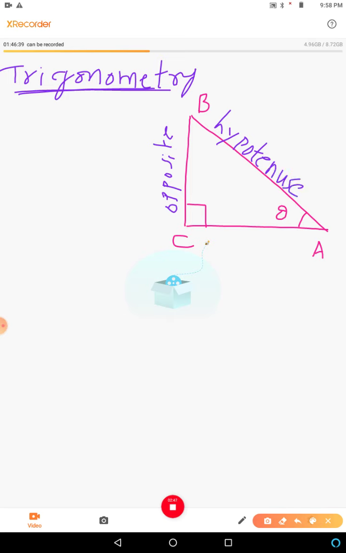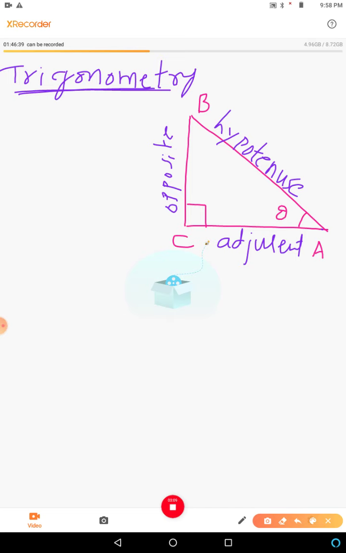The side opposite to the right angle is AB, and that AB side is called the hypotenuse. The side which is with that right angle, the remaining side, is called adjacent, because it is adjacent to the angle theta. So these are the three sides of a triangle: hypotenuse, opposite and adjacent.